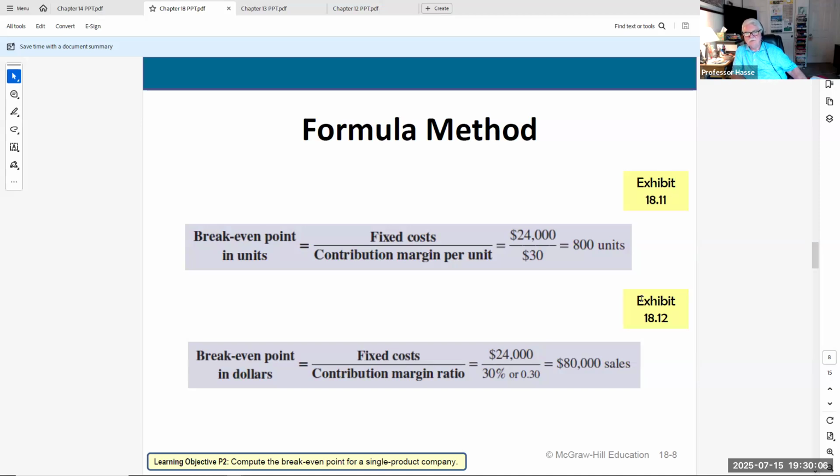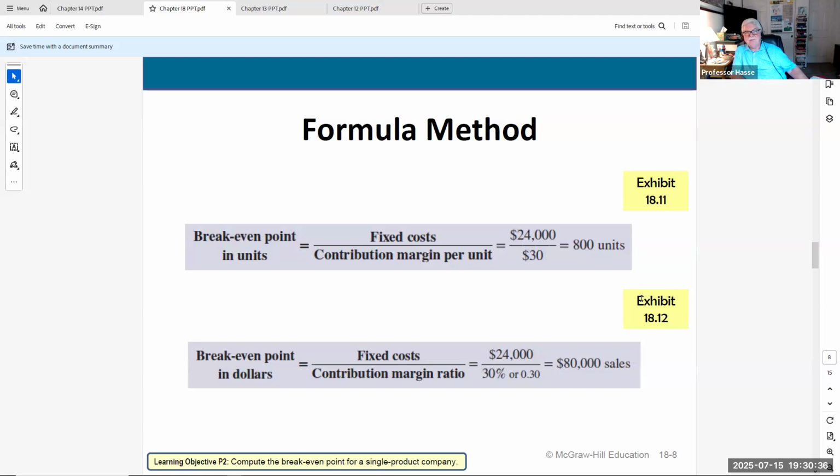If you're working in a company that produces mainly just one product, I'm sure if you go to your controller or your VP of finance or your CFO and say, hey, what's our break-even point in this company? And they tell you, well, Alexandra, our break-even point is 800 units. Oh, what's our contribution margin per unit? $30.